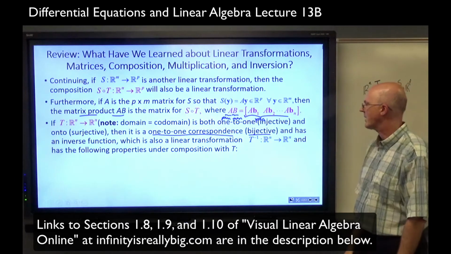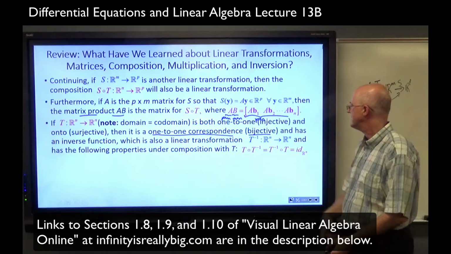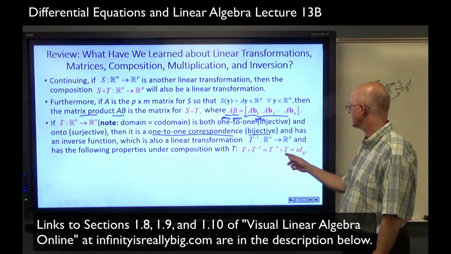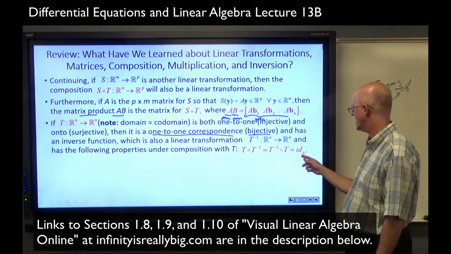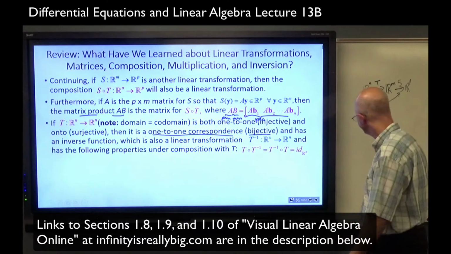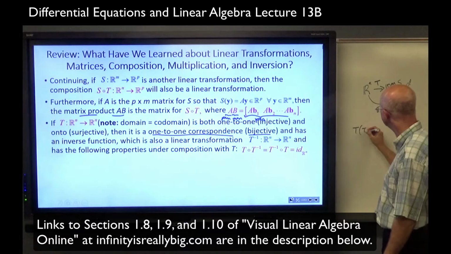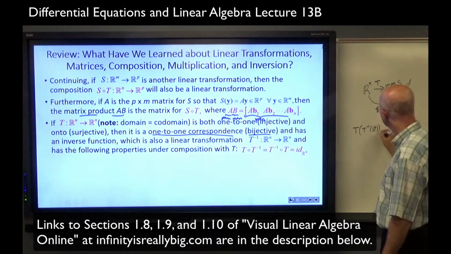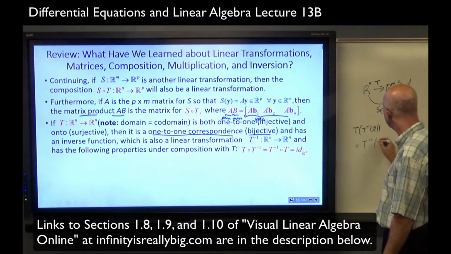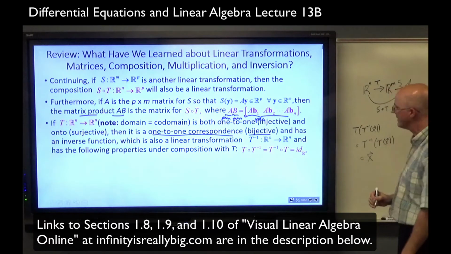It's got the following properties under composition with T, which we talked about in 12b. T composed T inverse equals T inverse composed T equals the identity function on Rn. I'm not showing the inputs. I could have emphasized this is T of T inverse of x equals T inverse of T of x equals x for all x in Rn.